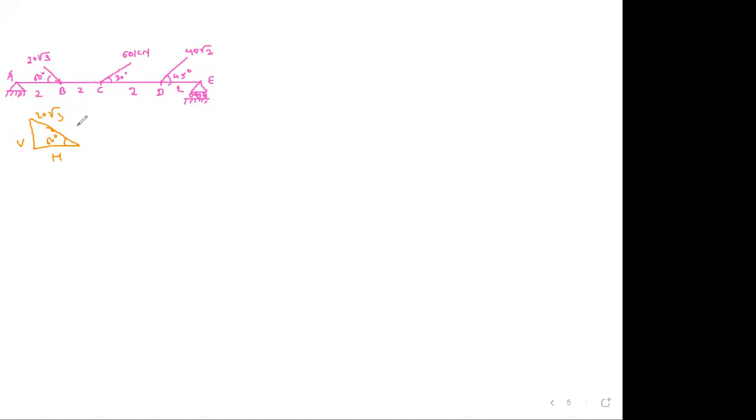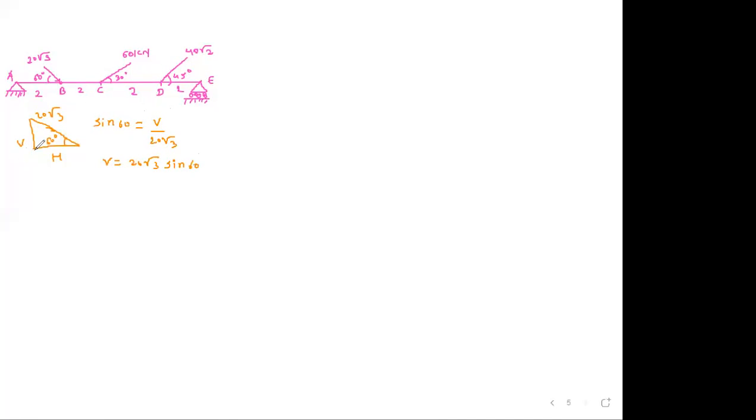So for vertical, we will apply sine 60. Sine 60 means the side opposite to 60, vertical, divided by the hypotenuse, that is 20 under root 3. So V is equal to 20 under root 3 into sine 60.